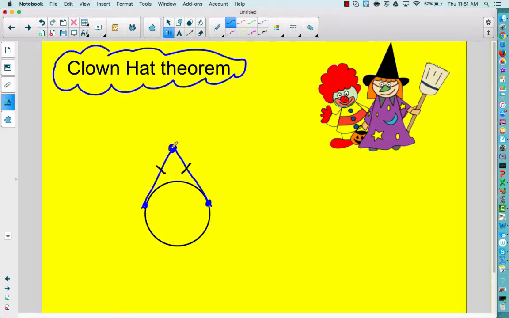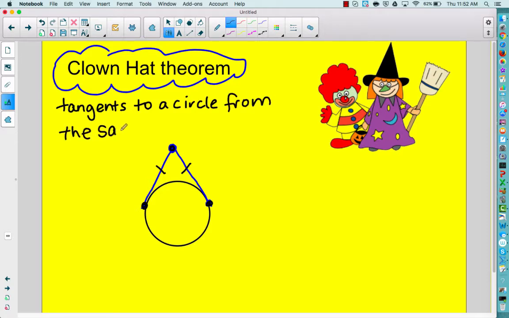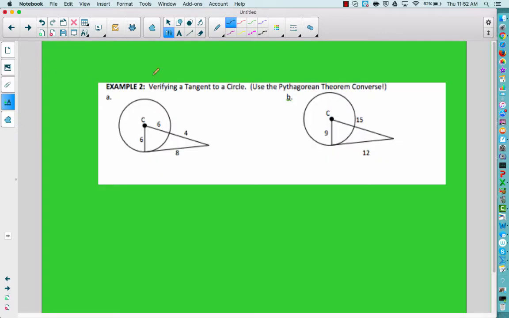So these segments from that point to the point of tangency would be congruent. So tangents to a circle from the same point are congruent. Okay? All right, so let's apply both those theorems.